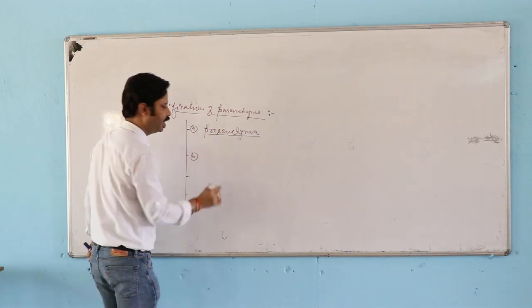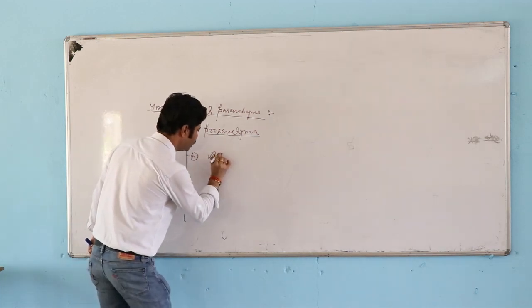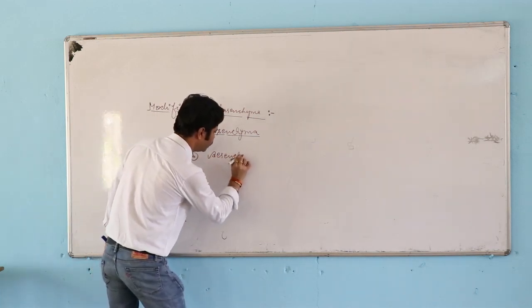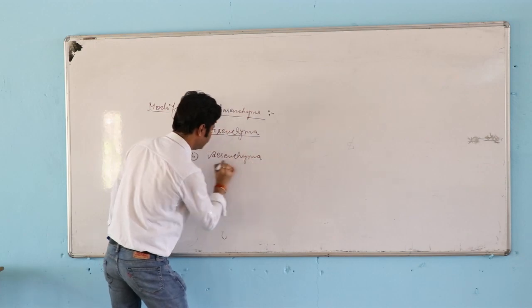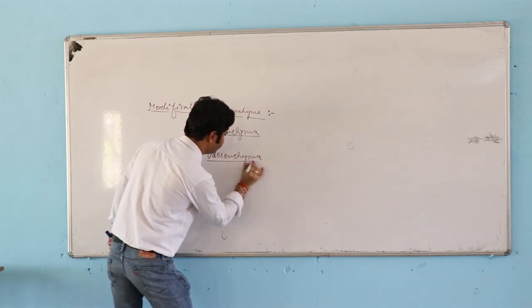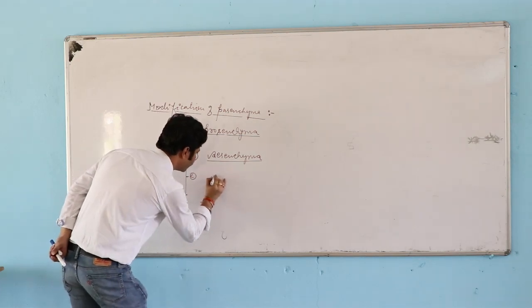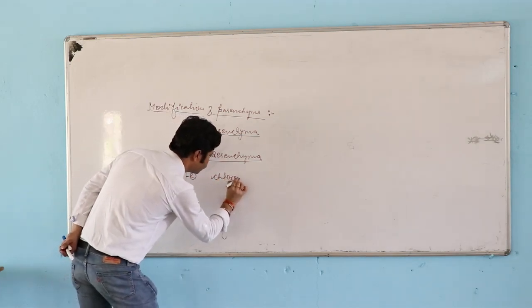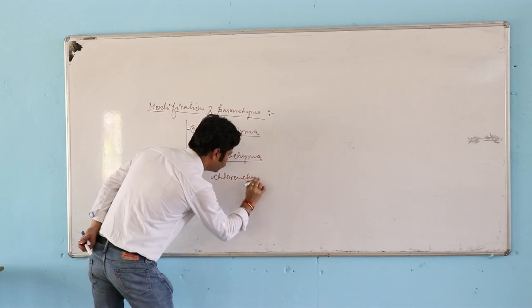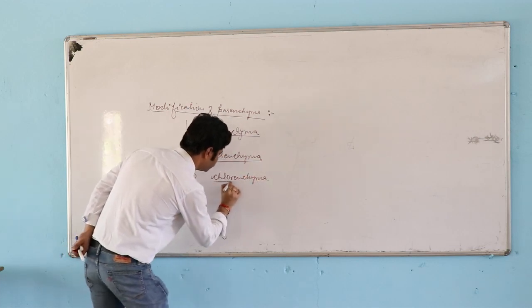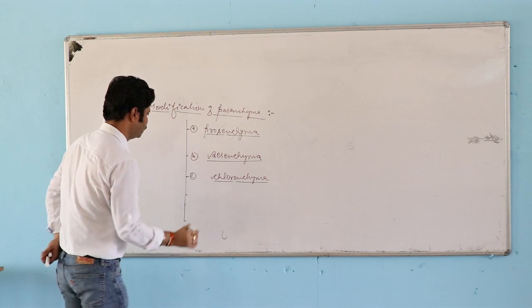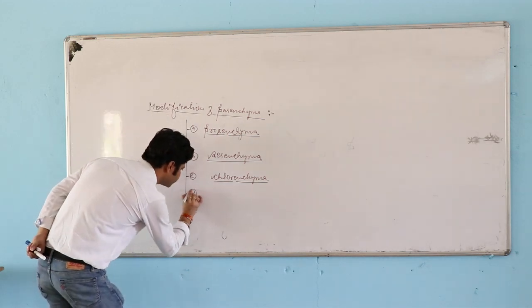Second one is aerenchyma. Third one is chlorenchyma. Next is mucilage parenchyma.